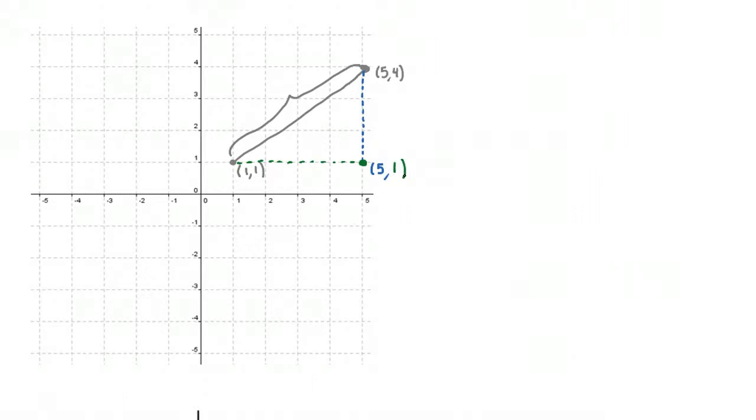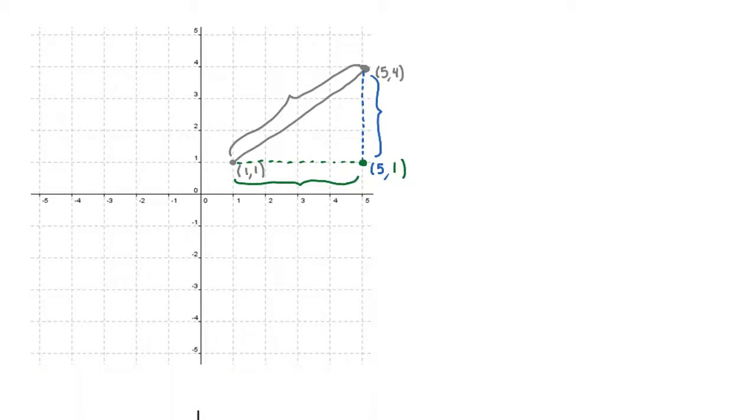So we can easily figure out what the length from here to here is, just because this is simply a vertical line, and we can easily figure out what the length from here to here is, because this is a horizontal line, and then we can apply Pythagoras' theorem.